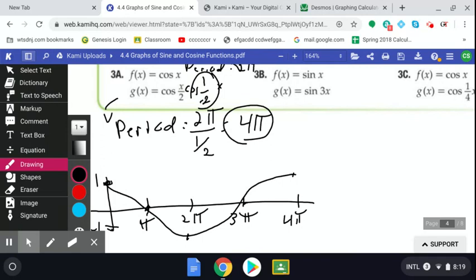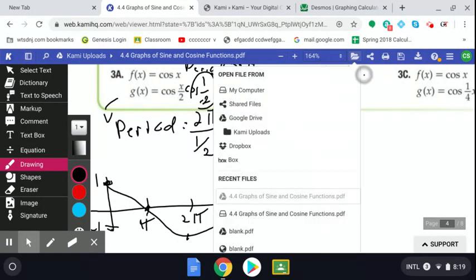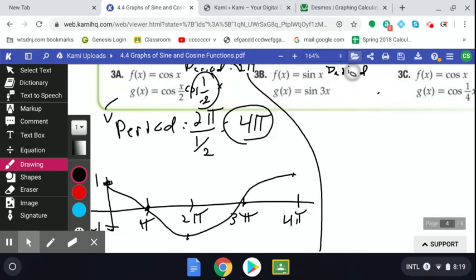Okay. For the second one here, what's going to happen? Well, let's see. The period here is 2 pi. And in this case, for the transformation g of x, the period is going to be 2 pi over 3.